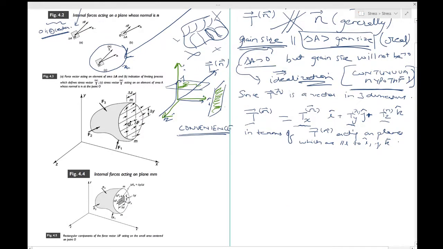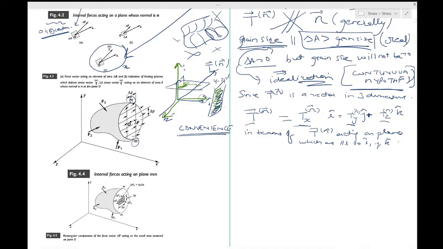You have passed through the point O a plane MM. So this is the plane MM parallel to the YZ plane. Remember, YZ plane on this figure is which plane? This plane, right? This is the YZ plane. So first you are trying to find this green vector. So that is what we are attempting now.